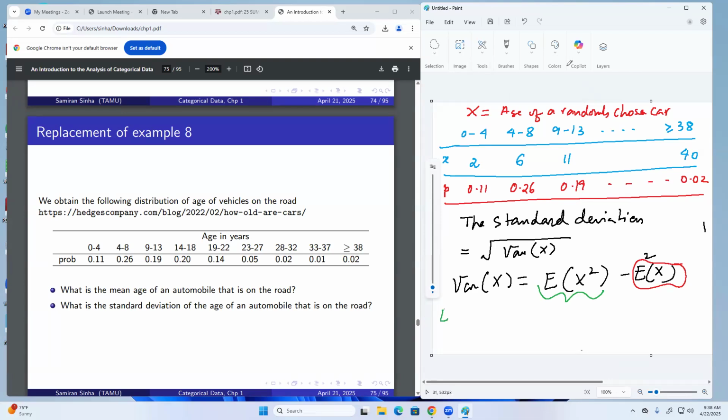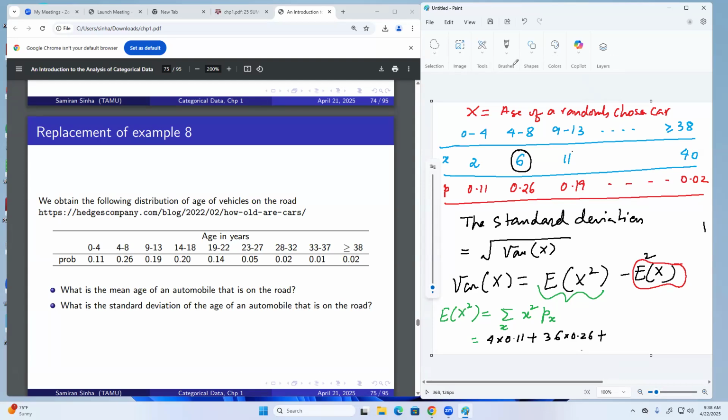Now, expectation of x squared is: square the value of the variable and multiply it by the corresponding probability. So the first term would be 2 squared, which is 4, times 0.11. The second term will be 6 squared, 36, times 0.26.